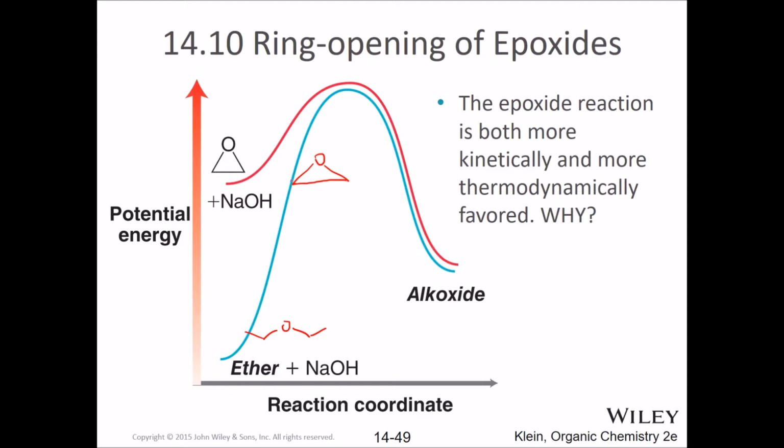Since this has ring strain, it's ratcheted all the way up here. Its potential energy is up here. It's reactive. And because its energy is high, and also because of the ring tightening, the other atoms, which would just be hydrogens, are stretched out. That makes it very vulnerable to attack.